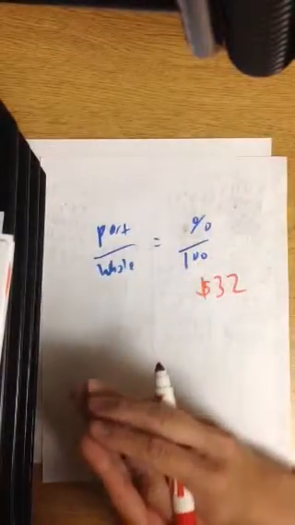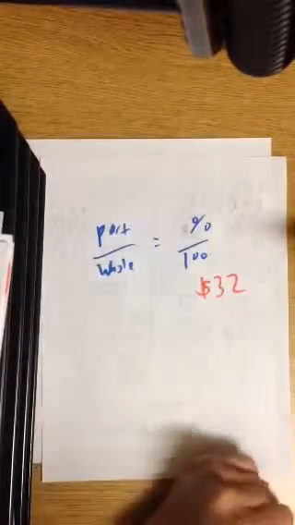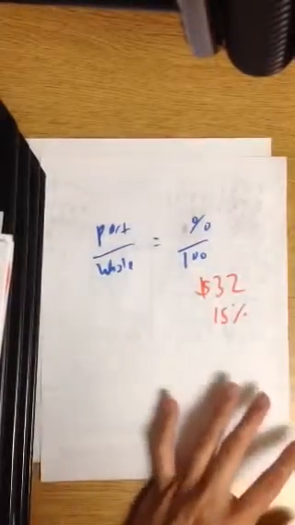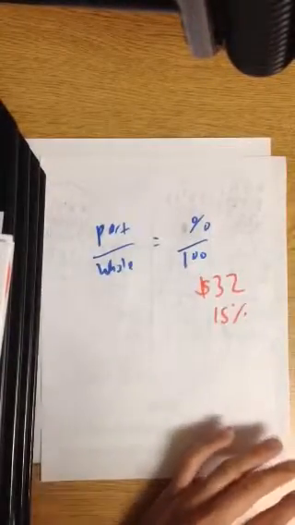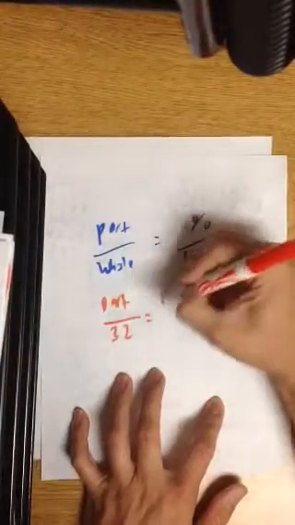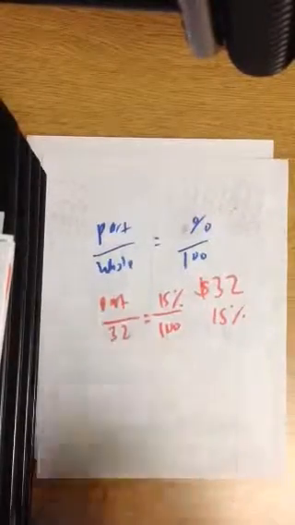Some people say 20% is average service and 25% is good service. It's up to you. I'll leave 15%. That's my tip, how much I'm going to leave the waitress. So $32 is the whole price, and I don't know what the part is. That's what I'm going to find. It's how much tip.